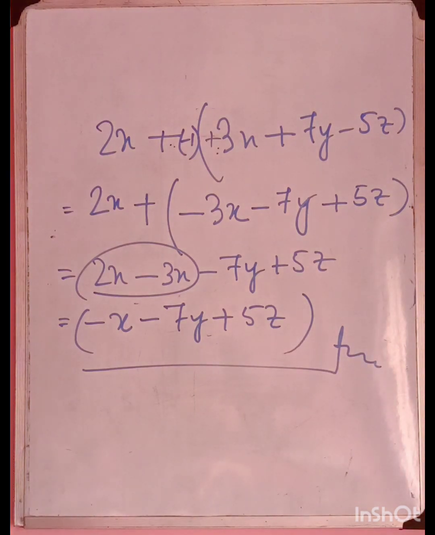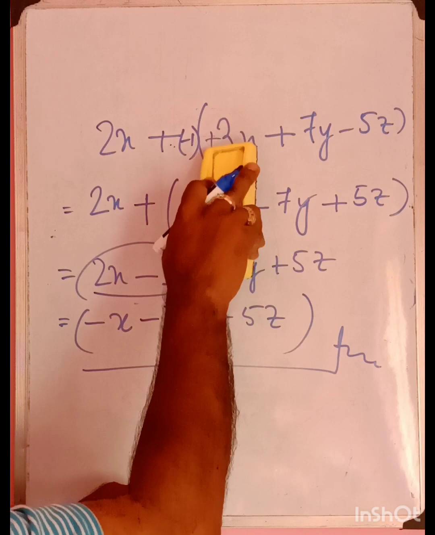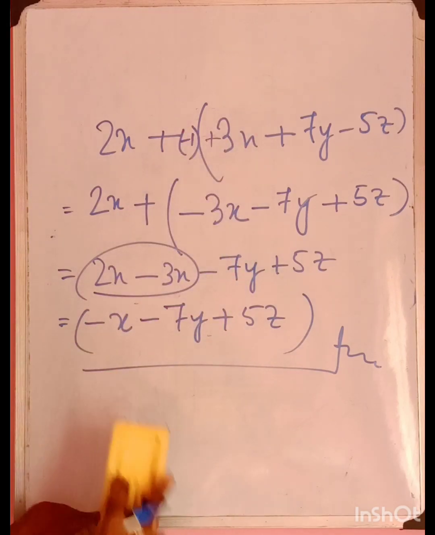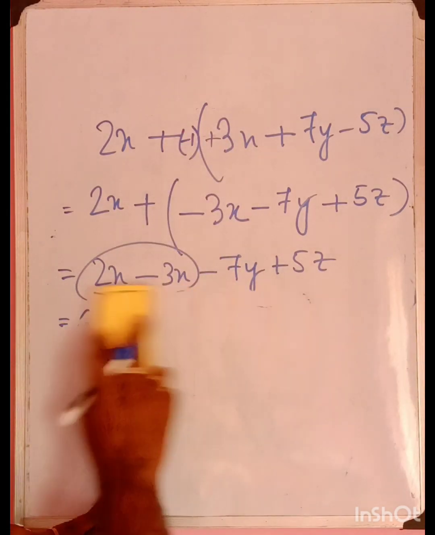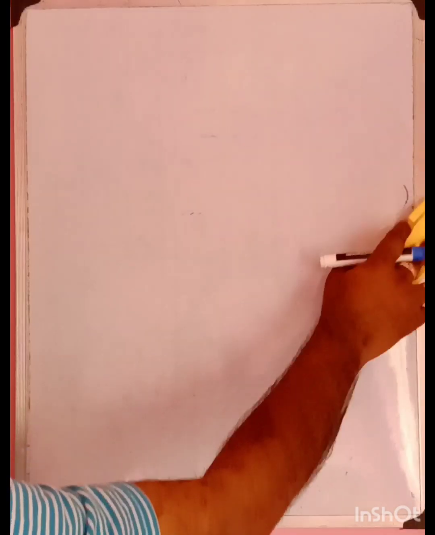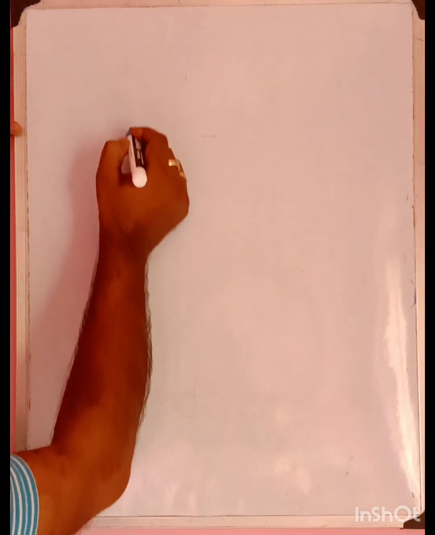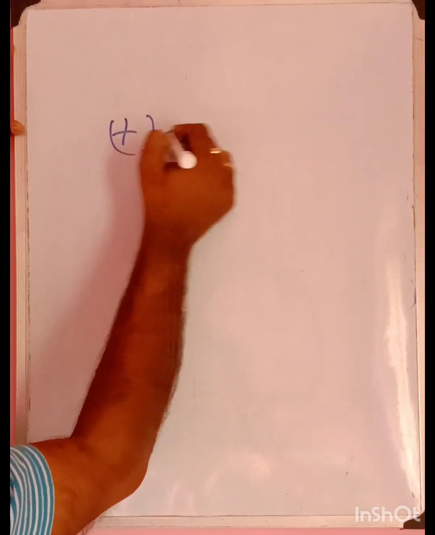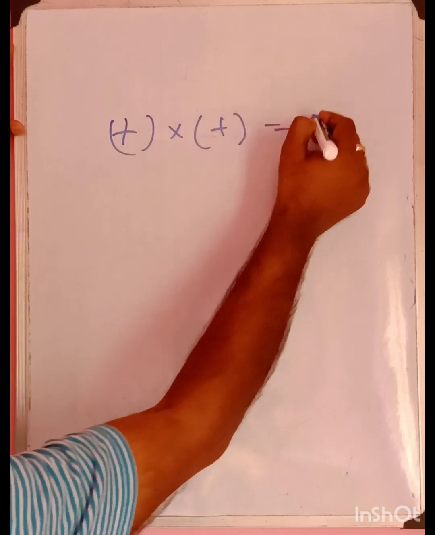So what you are understanding is the concept of opening brackets. When you are opening brackets, you must be very careful that symbols are taken properly. Plus into plus is plus.